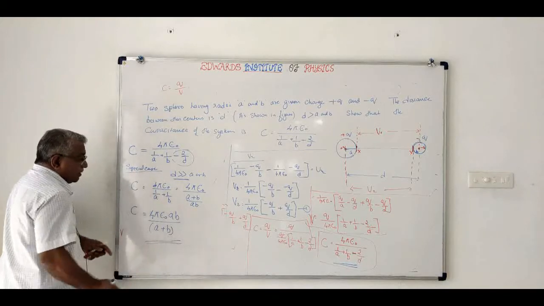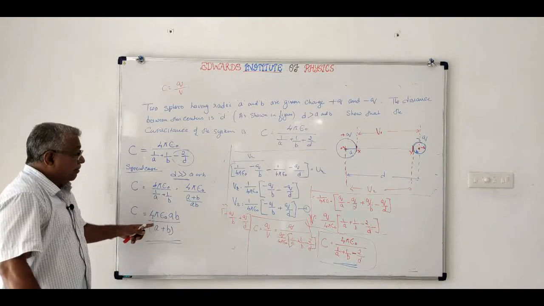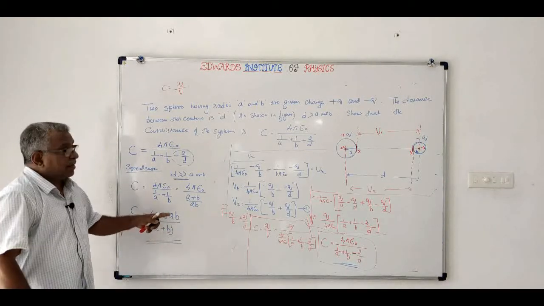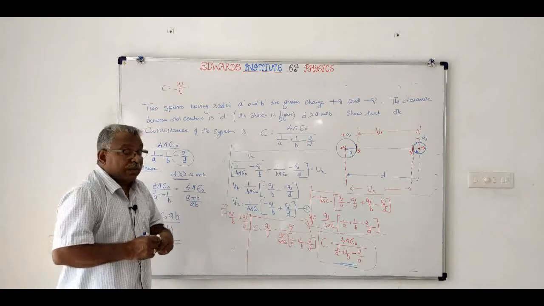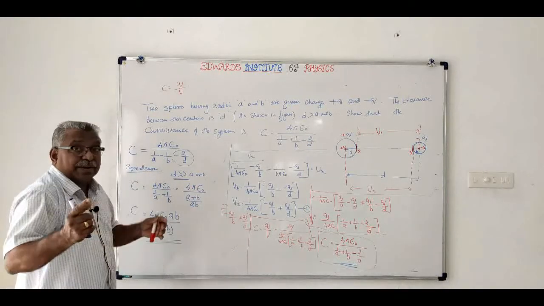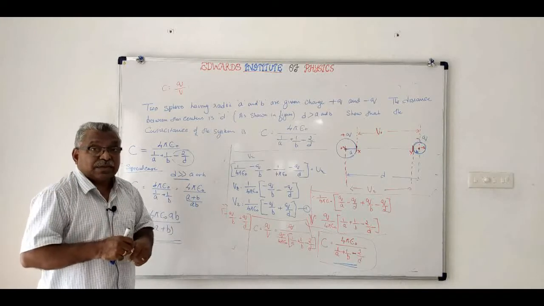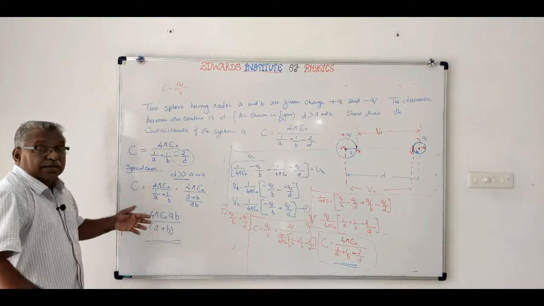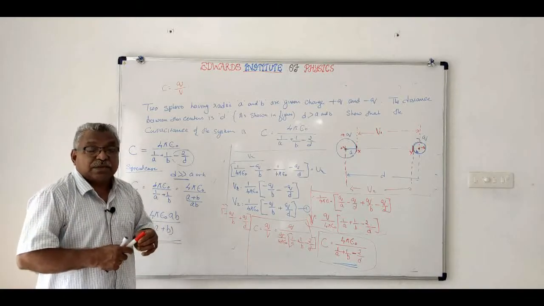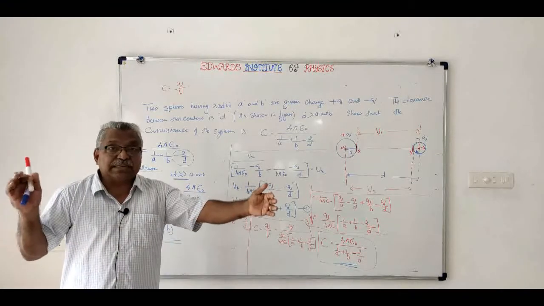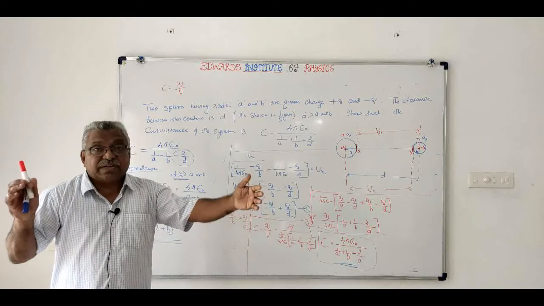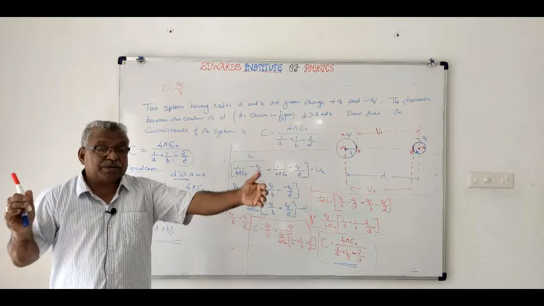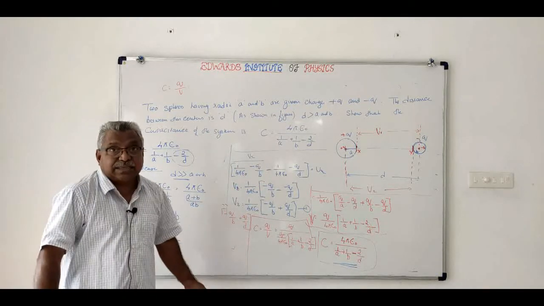In this equation you have to note one thing: it is independent of d, this distance. In an entrance exam you may be asked questions like this: what will be the capacitance of two spherical capacitors placed at a distance d, where d is very, very large compared to their radii, and their radii are given?